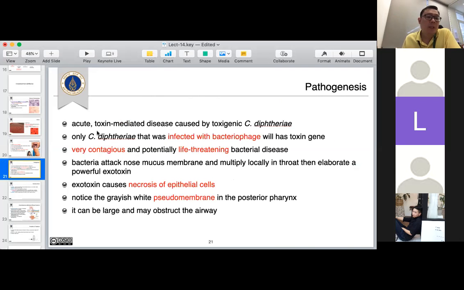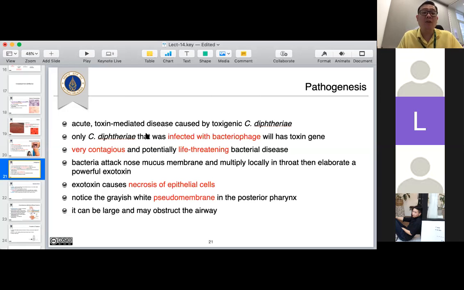The pathogenesis of Corynebacterium diphtheriae: they possess many weapons. The strain of bacteria that can cause disease is a bit special.